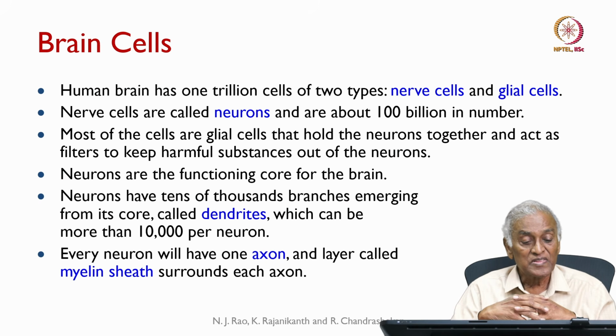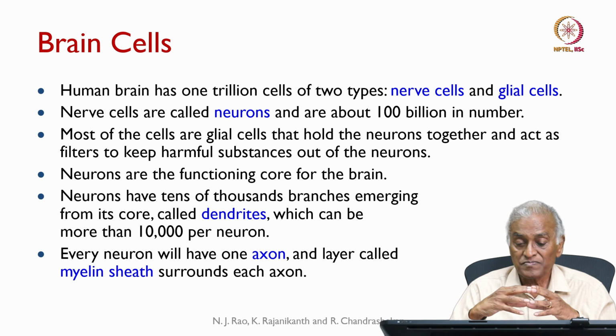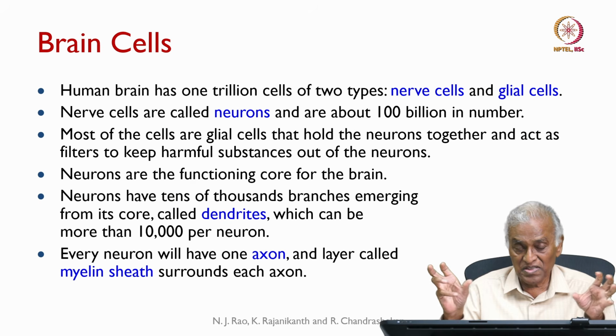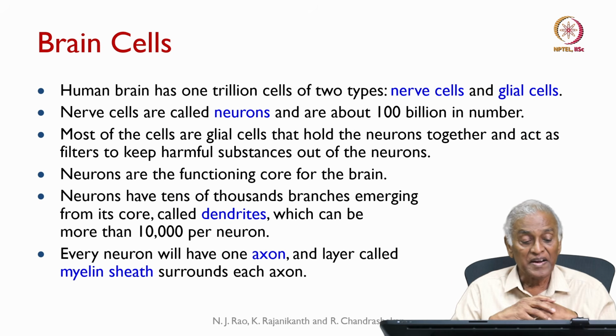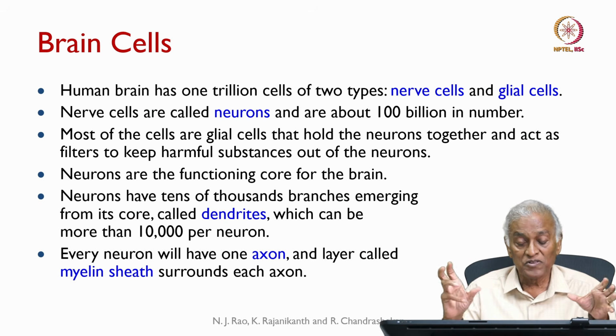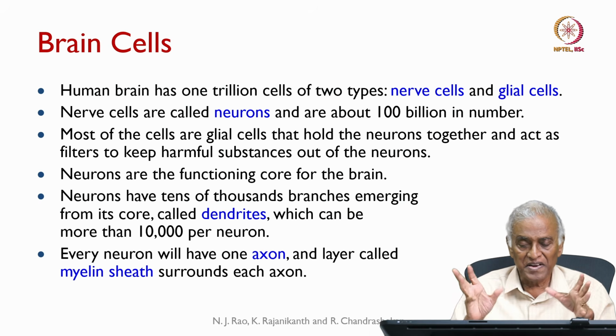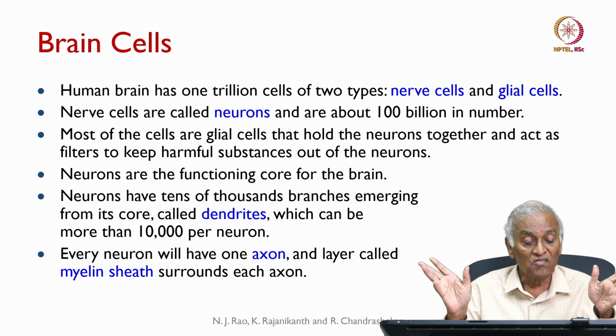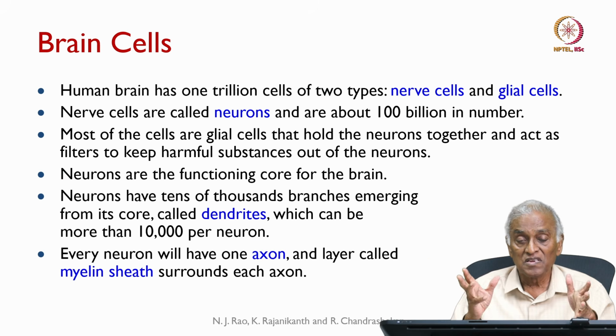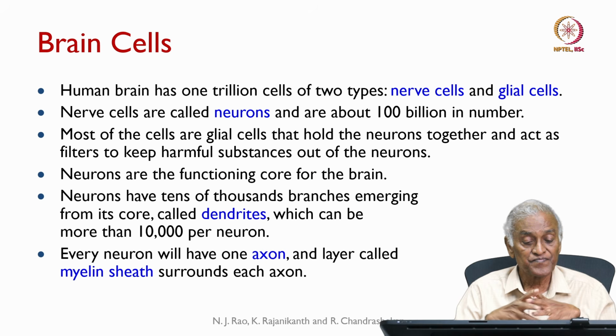And the role of glial cells is to hold the neurons together in one place and act as filters to keep harmful substances out of neurons, and also supply the required inputs to the neurons to function.